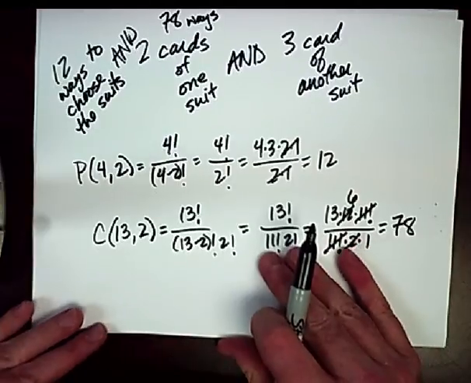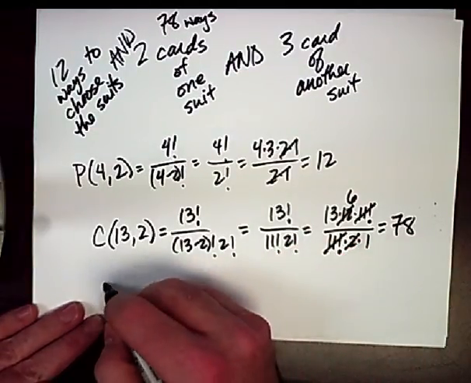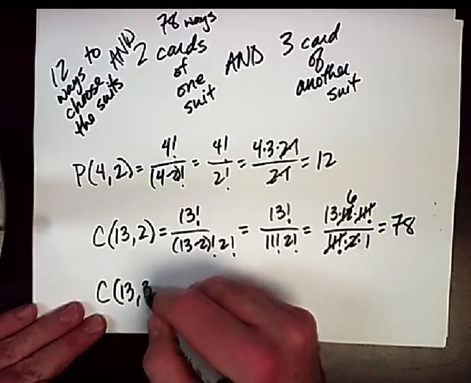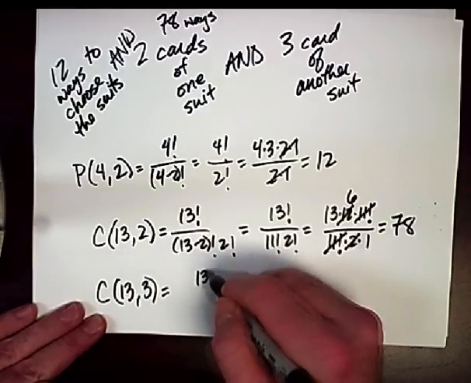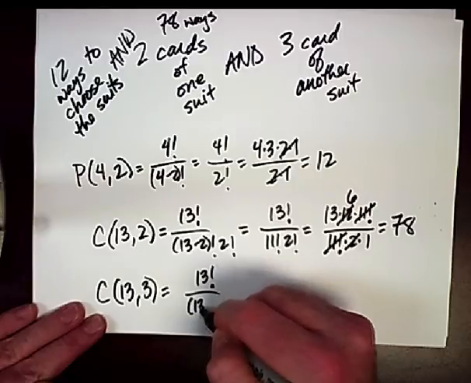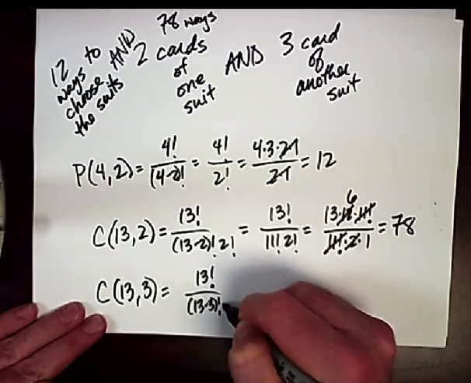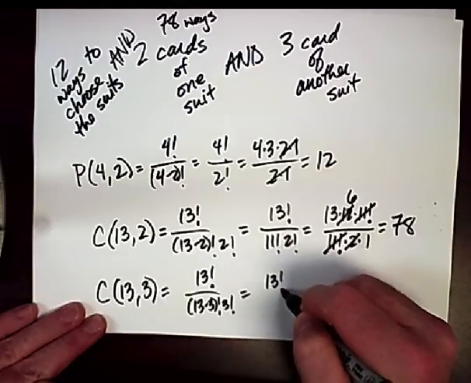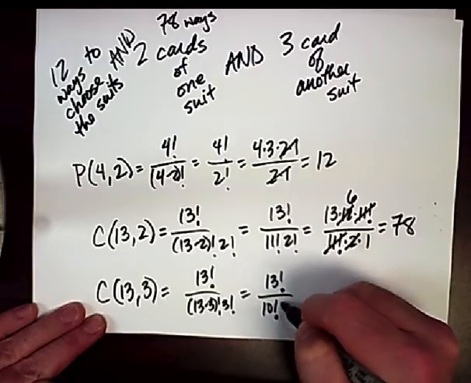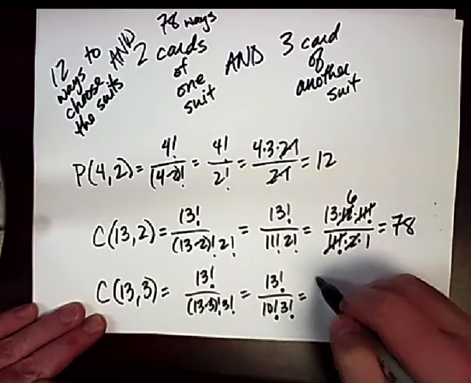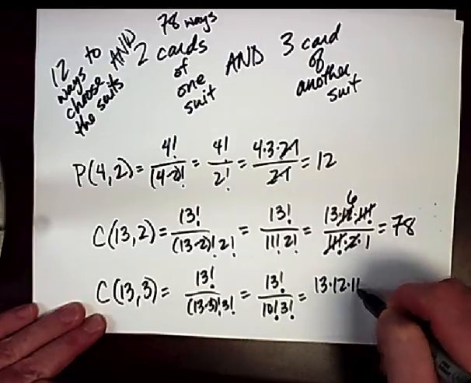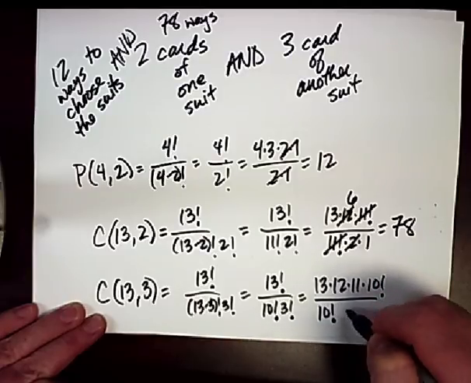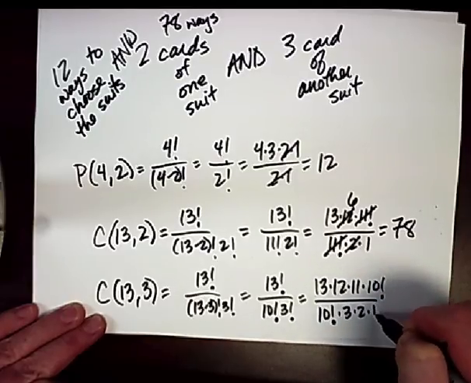Then, how many ways can we get 3 cards of another suit? Well, that's a combination. It's a different suit, so there's 13 to choose from, and we want 3. Well, that is 13 factorial over 13 minus 3 factorial, 3 factorial. So that is 13 factorial over 10 factorial, 3 factorial. 13 times 12 times 11 times 10 factorial over 10 factorial times 3 times 2 times 1.